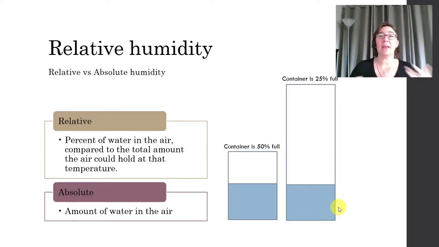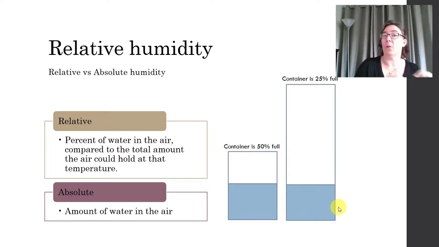So let's make sure you really understand this absolute versus relative humidity kind of question. Why is it relative humidity? Well, it turns out that the amount of water that the air can hold goes down as the air gets cool. All right, so warm air can hold a lot of moisture.